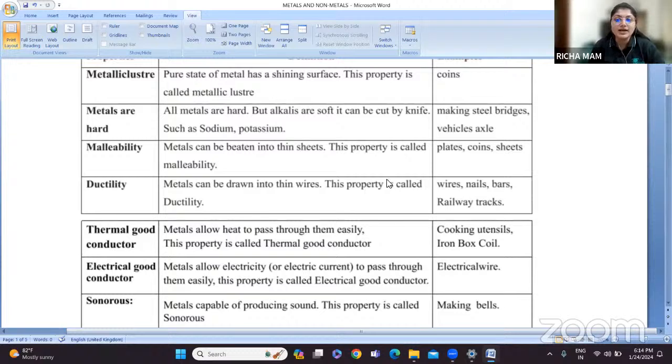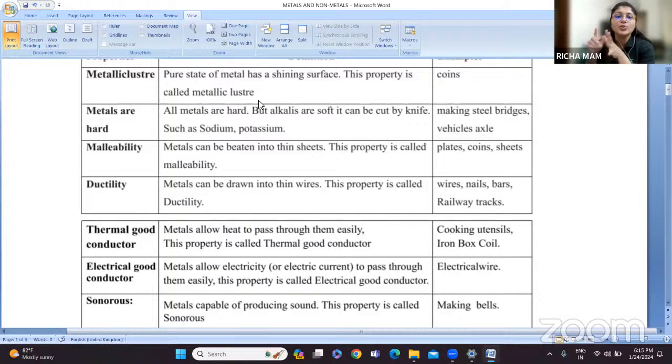Then the bars we use for windows and gates are also made from thin wires, a bunch of wire made into long bars. Then railway tracks also need long rod-like shapes made from thin wires. So this property is called ductility.